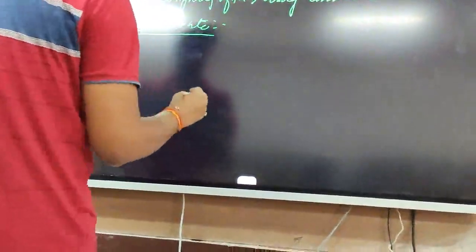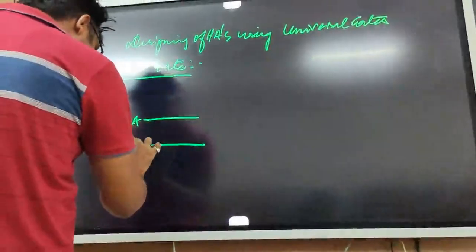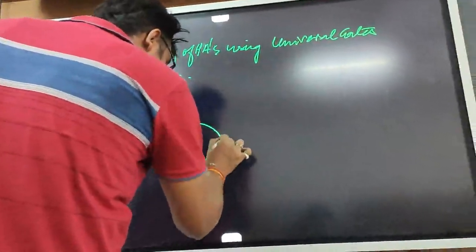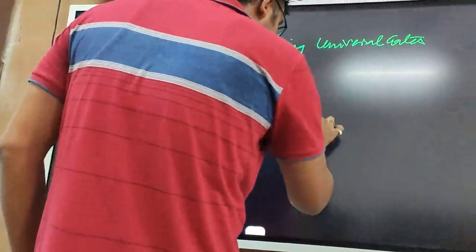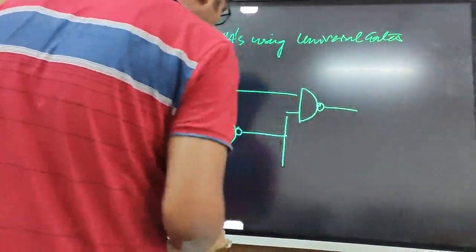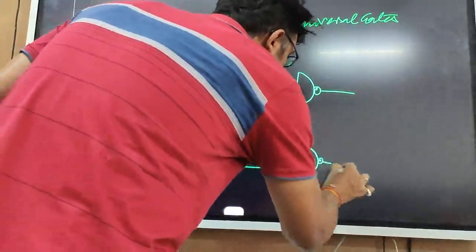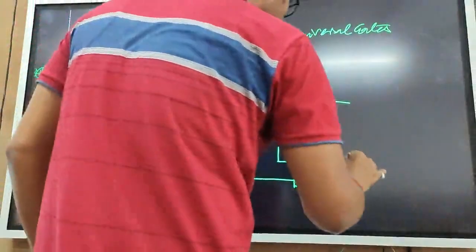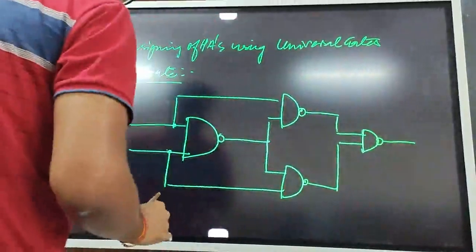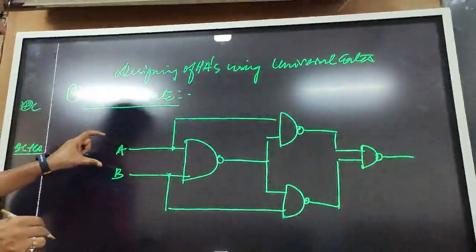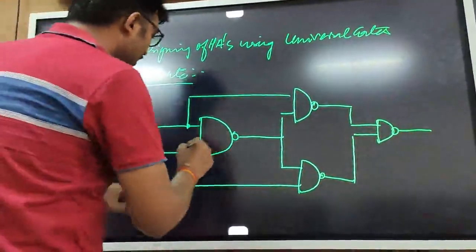For the designing by using NAND gate, you have to first take two inputs, then here there will be a NAND gate, so how to verify that this will function as a half adder or not?